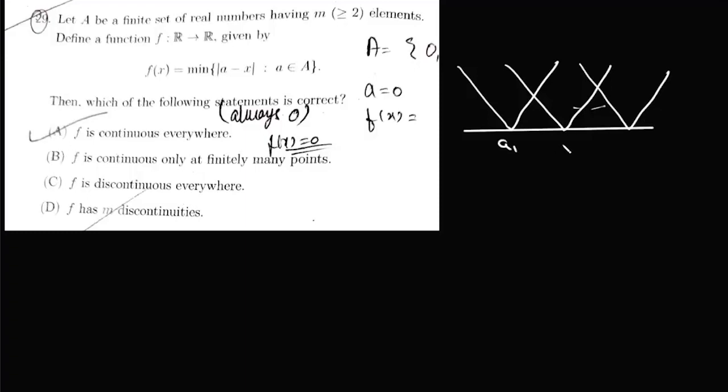So suppose this is a1, a2 and am, and for this graph we have to choose the minimum element, and if we choose the minimum element, we'll always get a continuous function. So this function will always be continuous for all x belongs to R. So answer to this question is f(x) is continuous everywhere, and that's your option A.